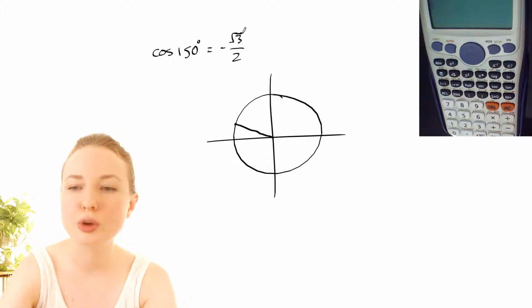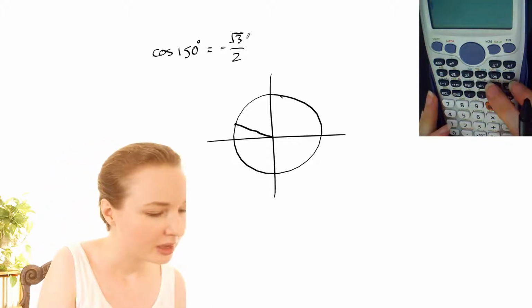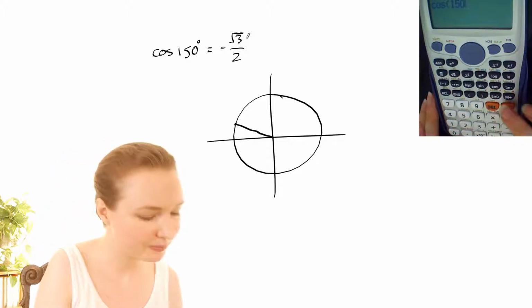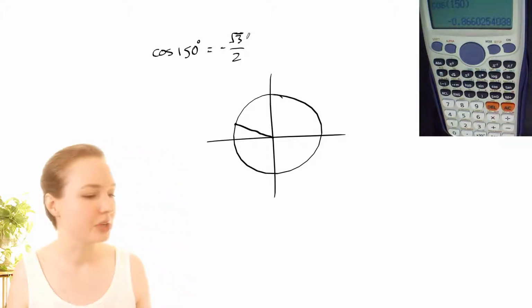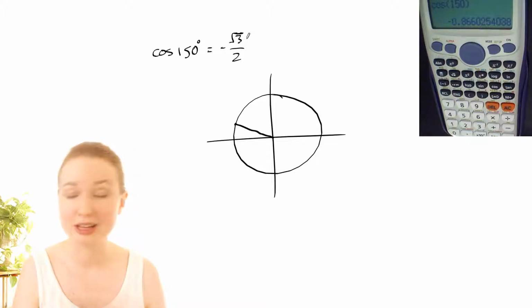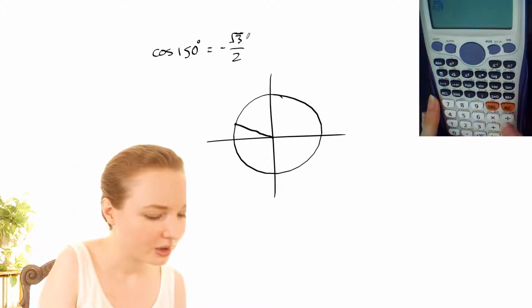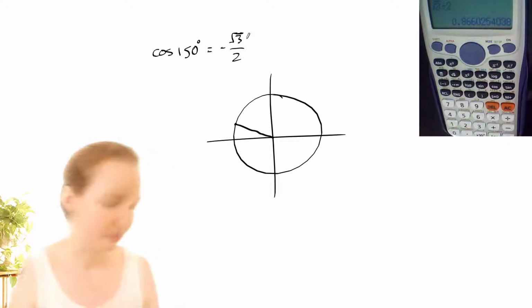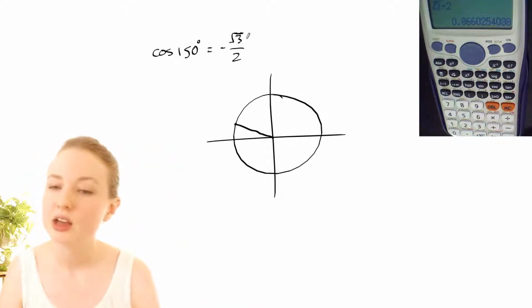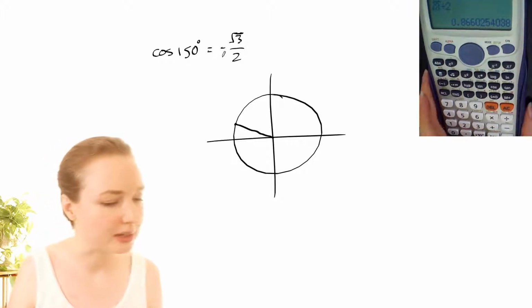Now, if you're not sure about that and you want to verify it, all you can do is go to your calculator, type in cos 150, and then that tells you negative 0.866, okay? So if you are not sure whether that's √3 on 2 or not, you can type in √3 on 2 and say, yeah, it's 0.866. So that's correct.